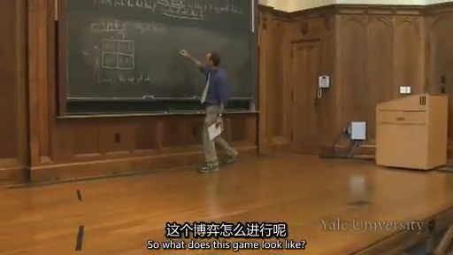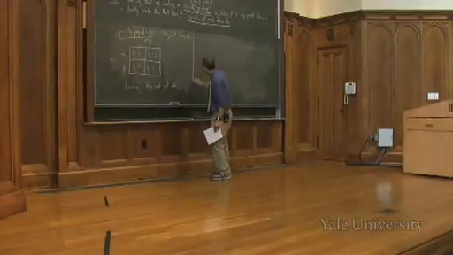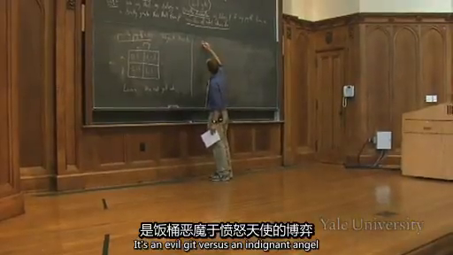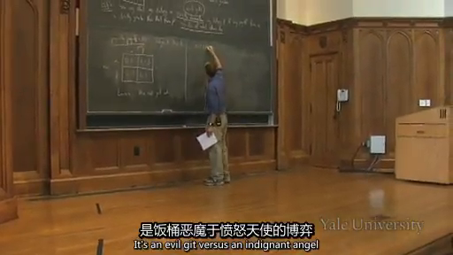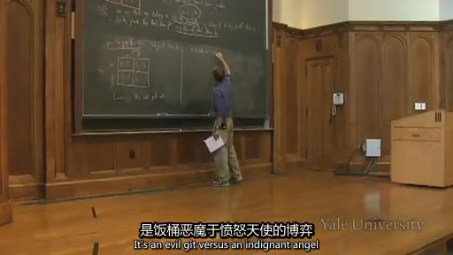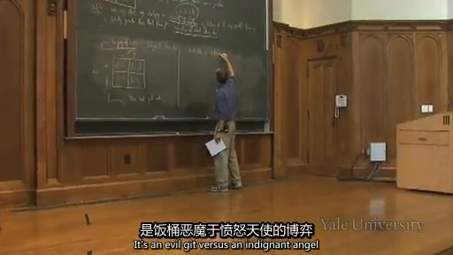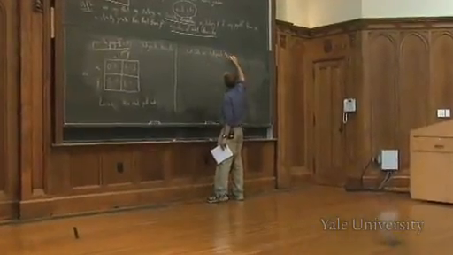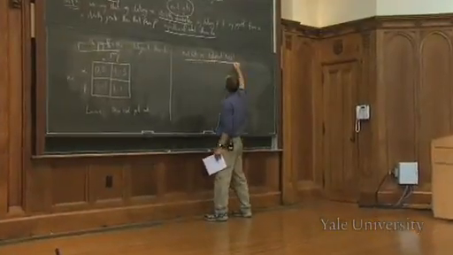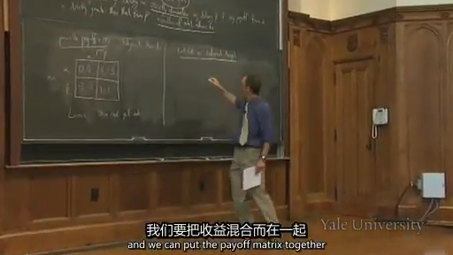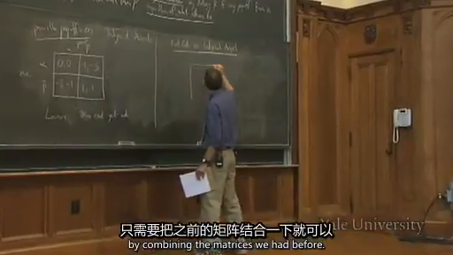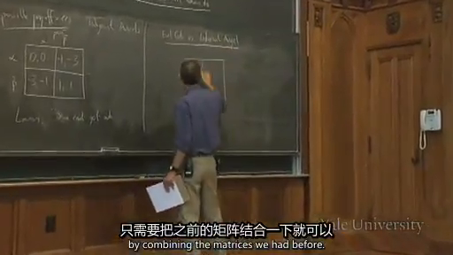All right. So what does this game look like? It's an evil git versus an indignant angel. And we can put the payoff matrix together by combining the matrices we had before.